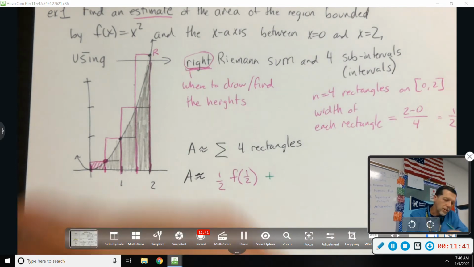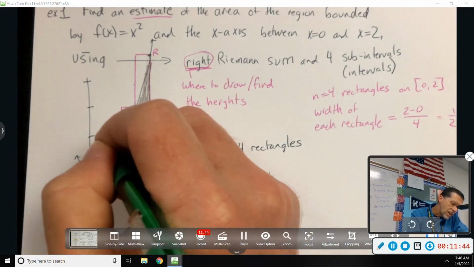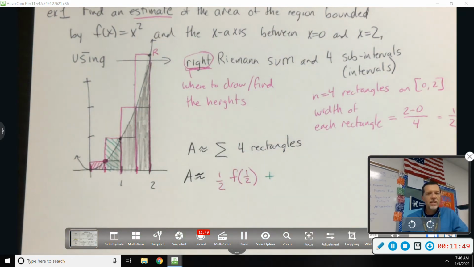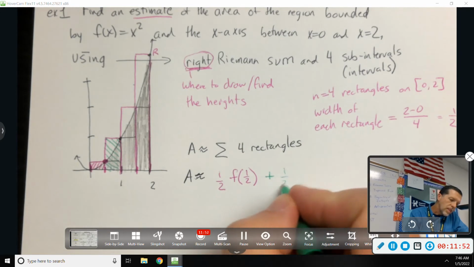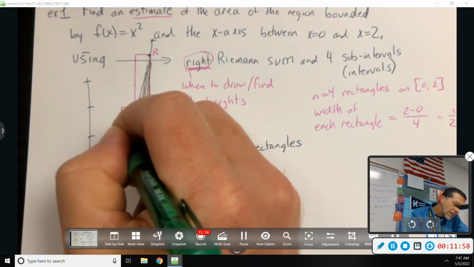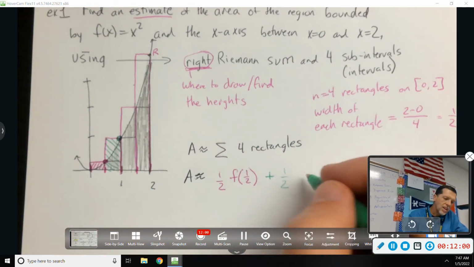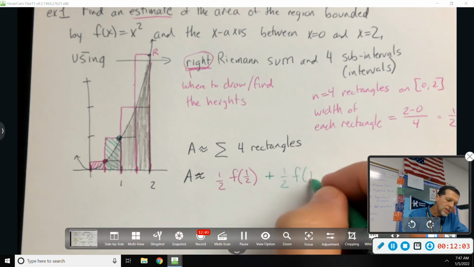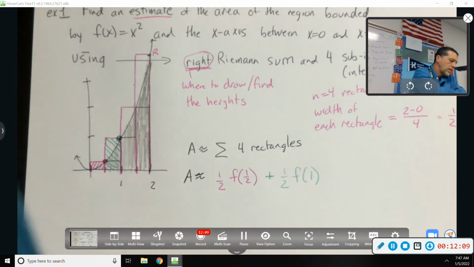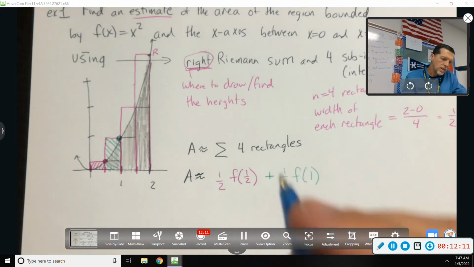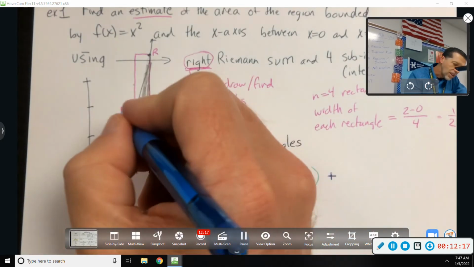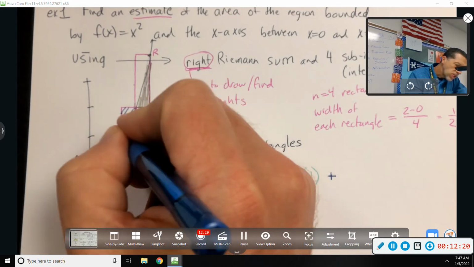Second rectangle, I'm going to make this one a different color. So there's my second rectangle. Its width is also 1/2. Its height is right there. That's the function evaluated at 1. And we'll go figure out what those heights are in a minute. Third rectangle. What's the width of the third rectangle? 1/2.